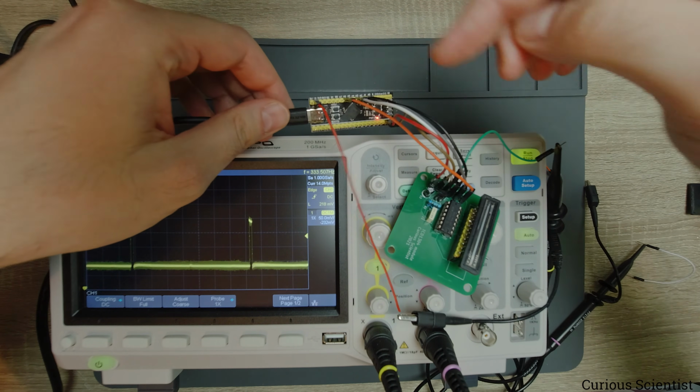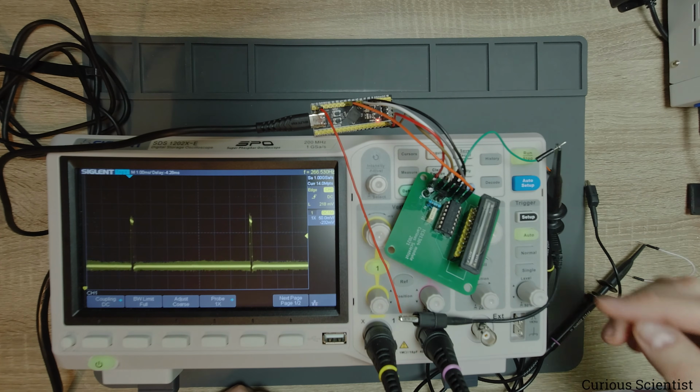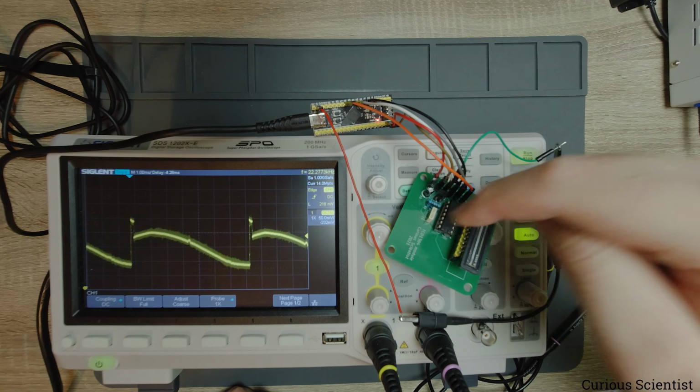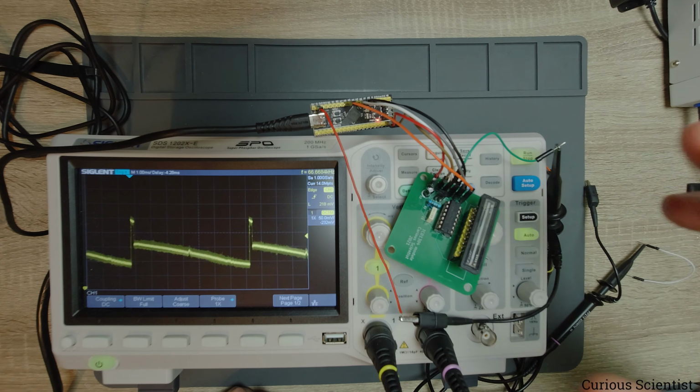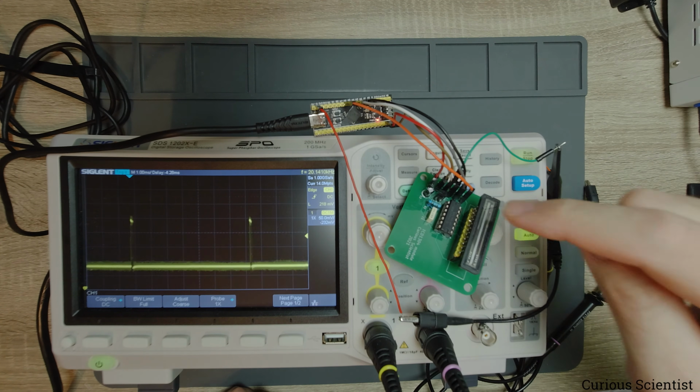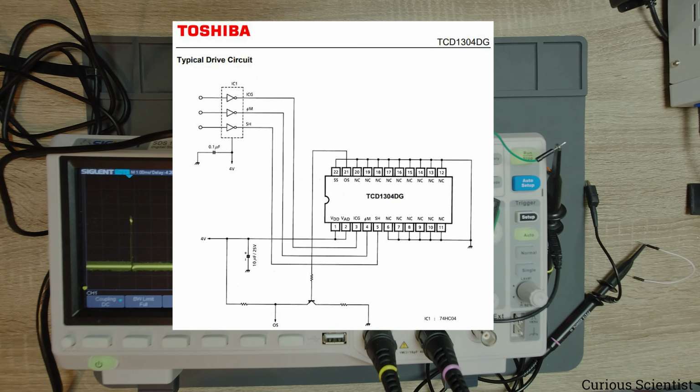We have a simple microcontroller and a bunch of wires which are connected to the basic circuit, which is actually from the handbook or manual of this CCD.